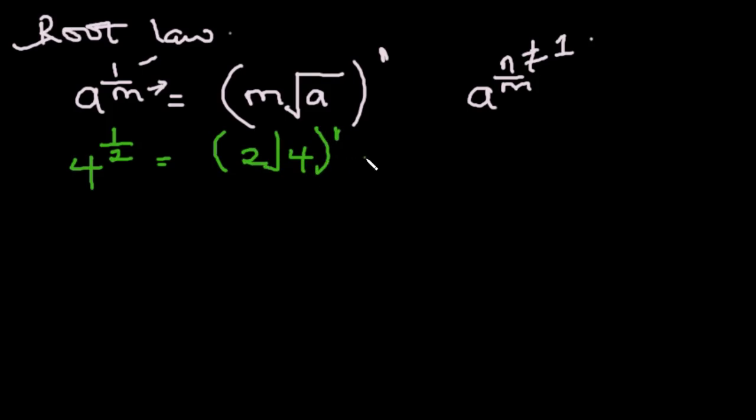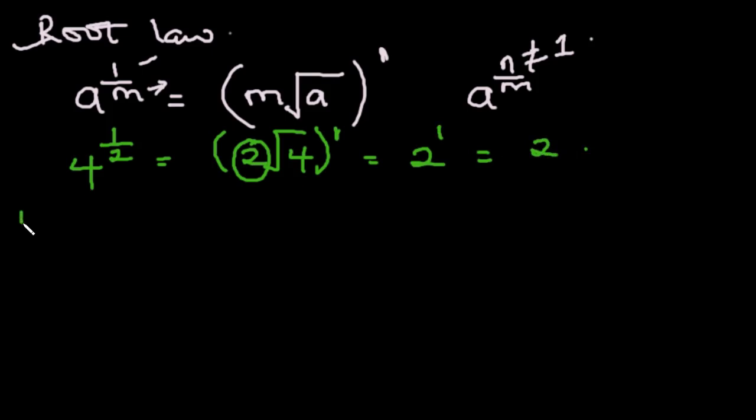What I'm just trying to say is, what will I multiply in 2 places that will give me 4? So the square root of 4 is actually 2. Usually when we are writing square root, if it's square, we don't include the 2. But for the sake of explanation, I have included it. So now I have 2 raised to power 1, which is equal to 2.